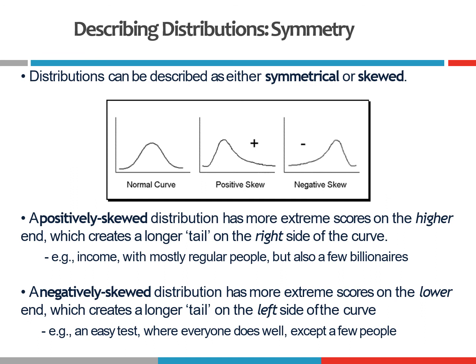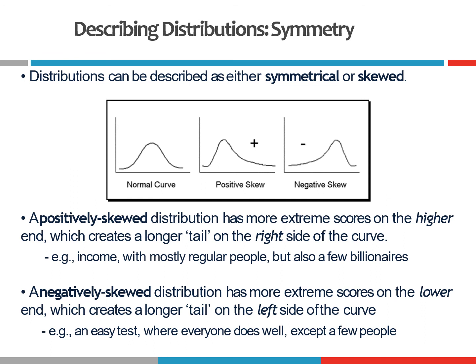So an example would be an easy test where most people do well, okay, but there are a few people who get very, very low scores, right? Because those outliers are going to cluster to the left where the lower exam values are, okay?